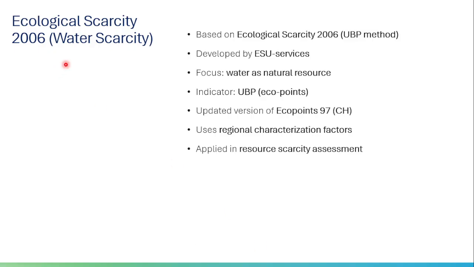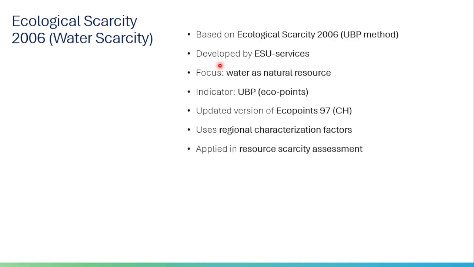Another methodology about water scarcity is ecological scarcity, developed in 2016. It is an updated version of the earlier method, developed in 1997, and is widely used in Switzerland and European LCA studies.